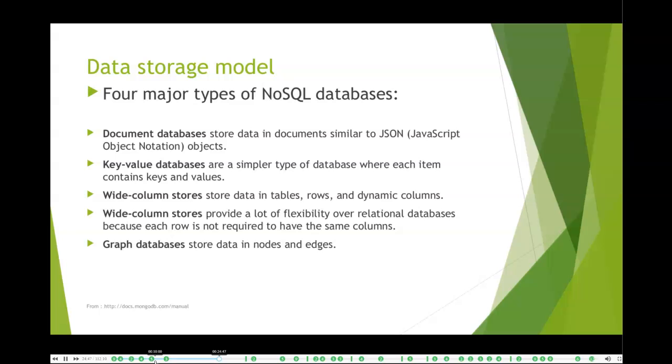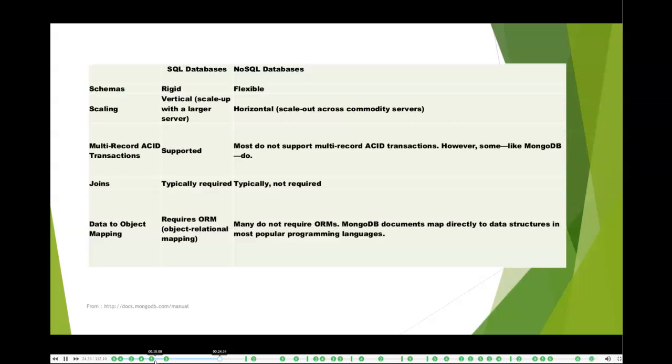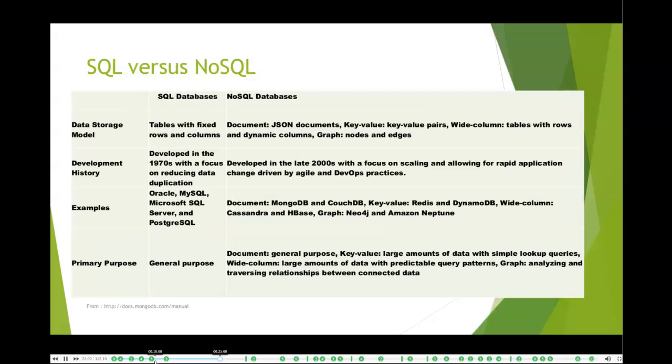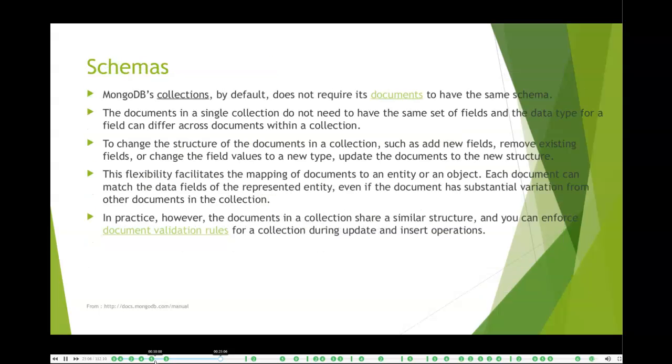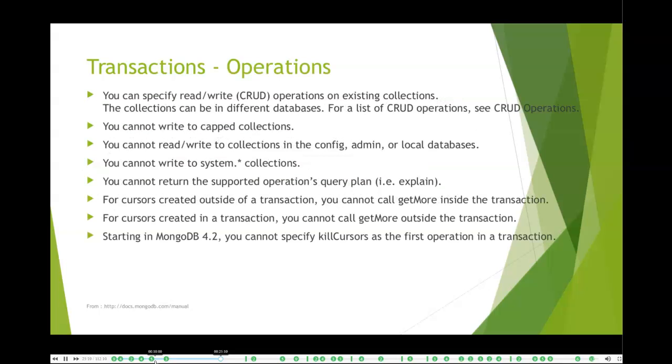Now from the other side, this slide has more details about some of the points that we have here. For example, more about the data storage model that we just talked about, then more explanation about the schema and how they compare, and more about the transactions and the operations.